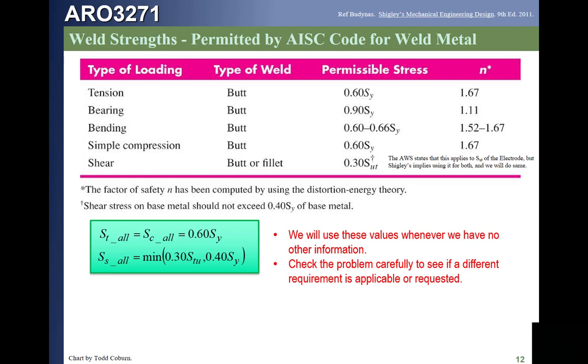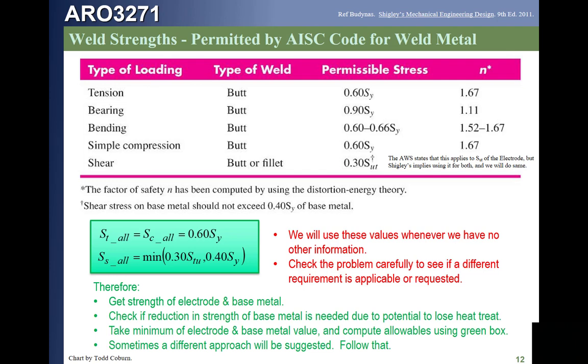If we have shear on a weld, we will take the minimum of 30% of the weld tensile strength or 40% of the yield strength. We're going to use this approach for the base metal. So if we look up a weld, we can look up its FTU and its FTY. We can plug into this equation, and that will give us the tensile and shear strength for the weld that we will use.